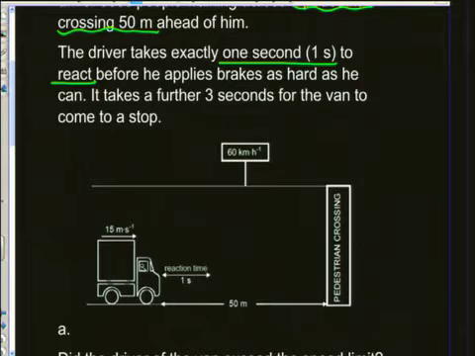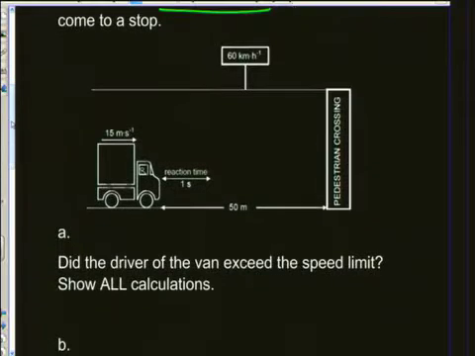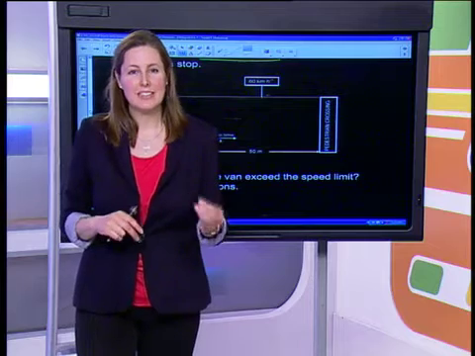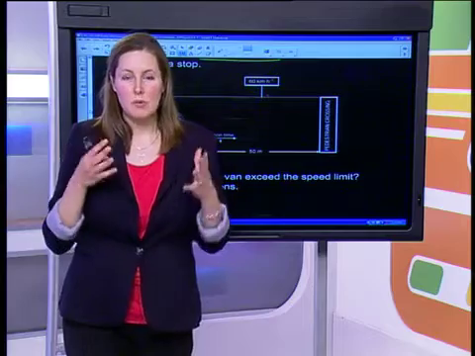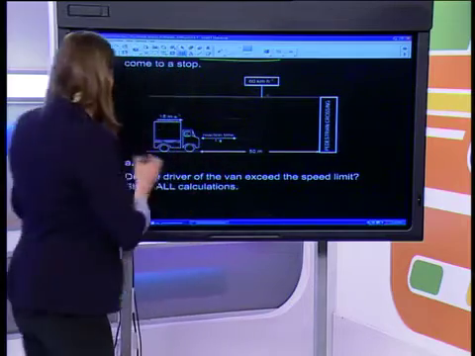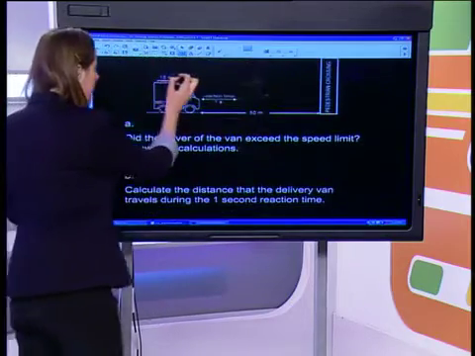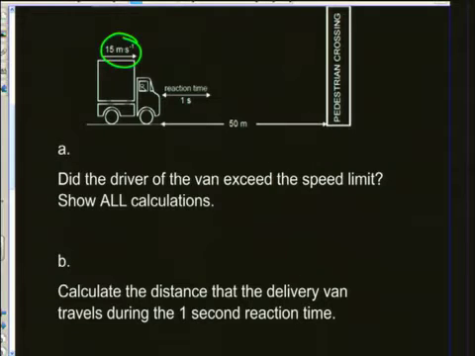Before he applies the brakes as hard as he can, it takes a further 3 seconds for the van to come to a stop. And they've given us a picture. They didn't have to, but remember, one of the most helpful things in interpreting a question is to draw or sketch the scenario. So there we've got the truck going at 15 meters per second.